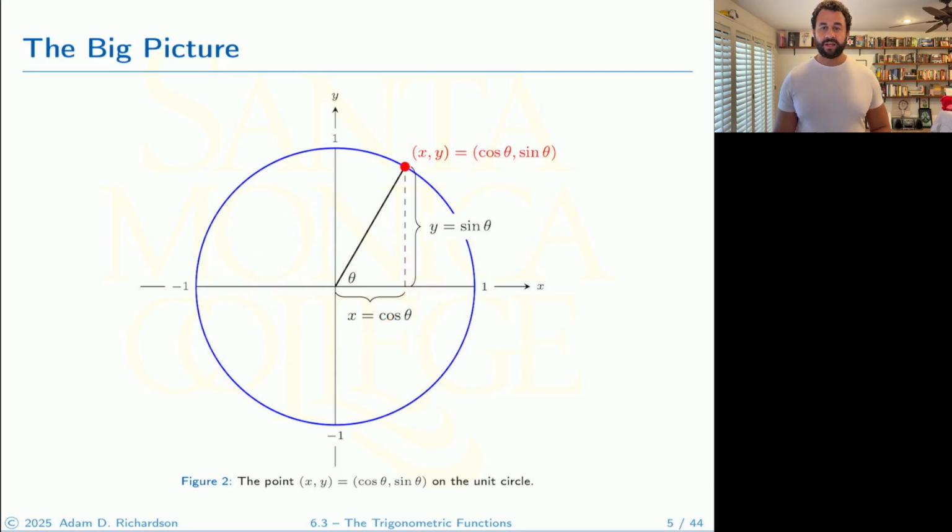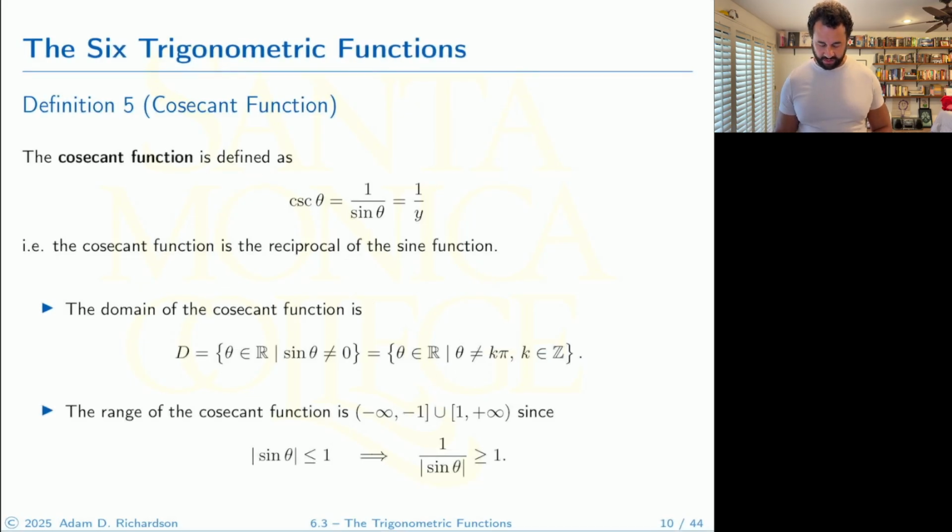And what's happening is we're getting a 0 vertical displacement at every integer multiple of pi, right? So we're cutting out all of the integer multiples of pi. That includes 0, 1, 2, 3, 4, 5, -1, -2, -3, -4, -5, all those times pi. We've got to cut those out of the domain of the cosecant function.